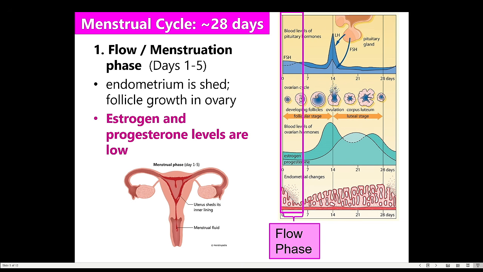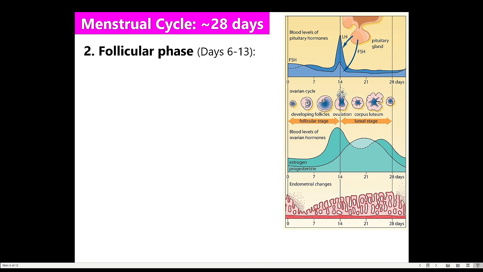After the flow phase or menstruation phase, we have what we call the follicular phase. According to one source, this happens from days 6 to 13. However, in some books, they say that follicular phase also coincides with menstruation phase or the flow phase, which is days 1 to 13.